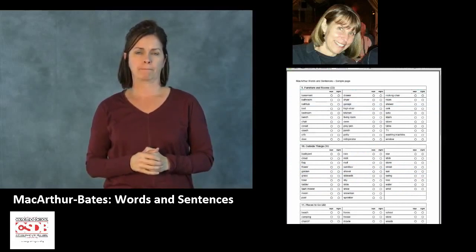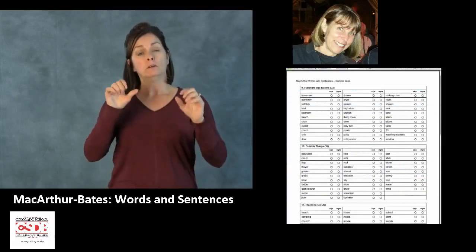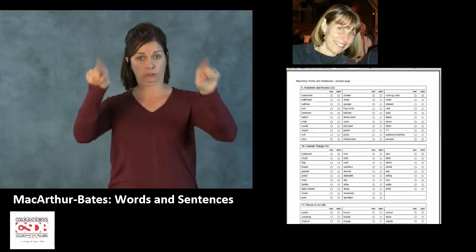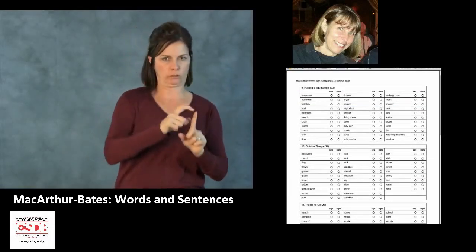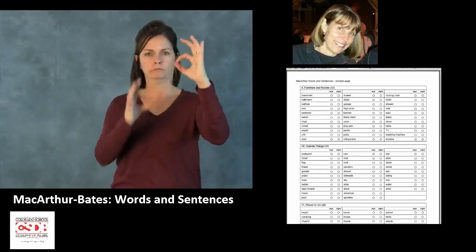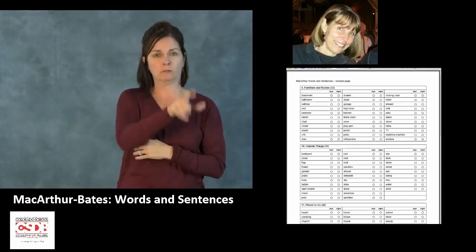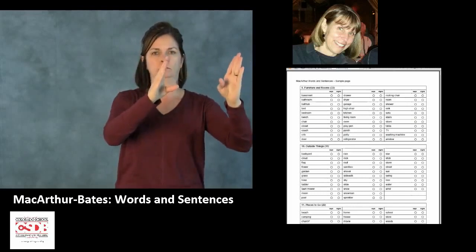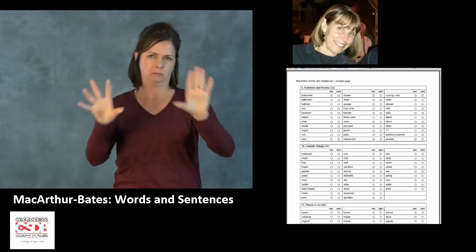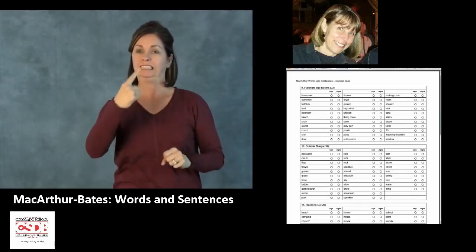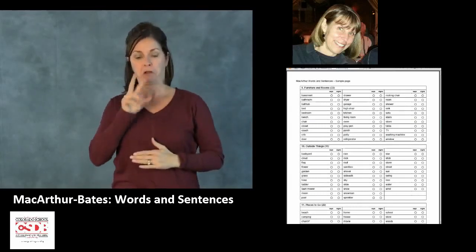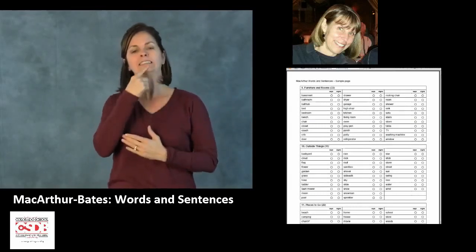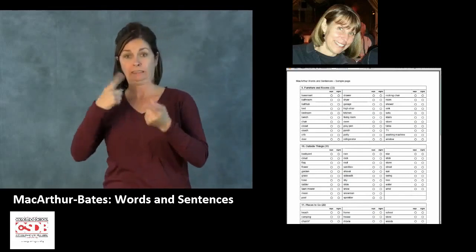So we can see on this sample page that next to each word we have two different bubbles. The top of the first column says "says," and the top of the second column says "signs." So, for example, if a child could say the word basement, the parent would check off in the says column. If they could also sign that word, they would also check off the signs column.